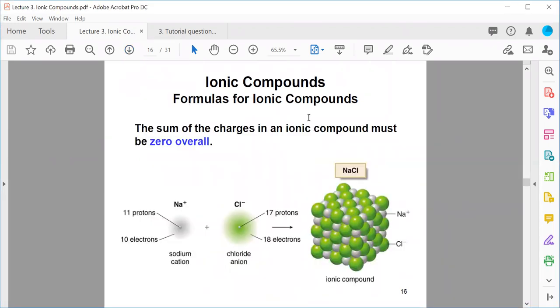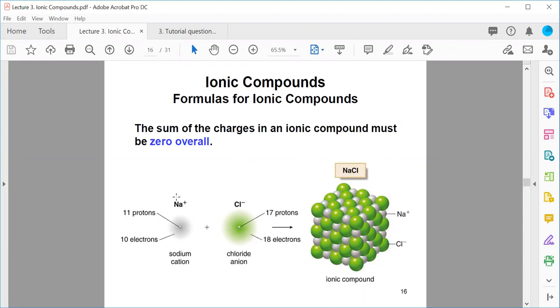All right, now let's look at a formula for an ionic compound. So once again, our classic sodium chloride as an example of an ionic compound, and you'll note that there are no charges indicated here. That's because the sum of the charges in an ionic compound must be 0 overall. Let's look at how that works.